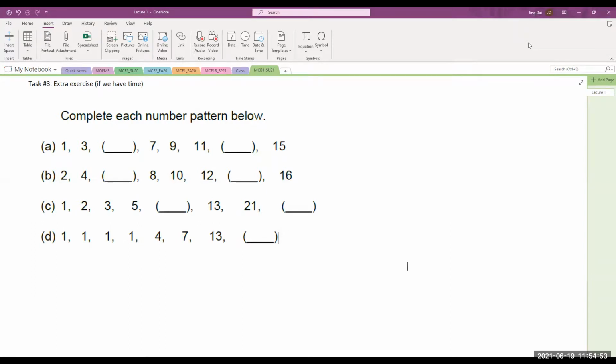The first and the second are very easy, but the third and the fourth will need you to think a little bit more, trying to figure out the pattern, trying to see what's the relation among those numbers. You would look at this whole series of numbers and try to figure out the relation among these numbers. And you're trying to figure out the missing numbers inside of the parentheses. Okay, that's what we want. Find out these missing guys.